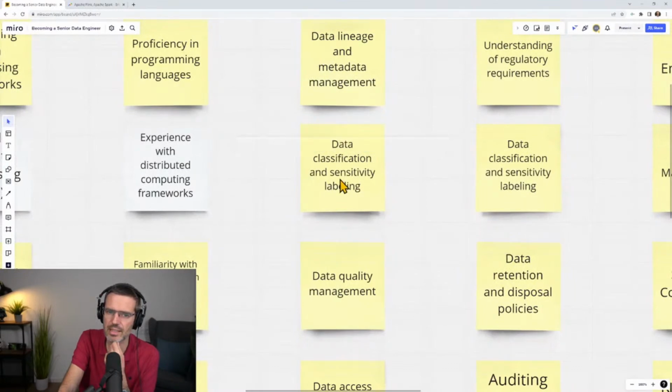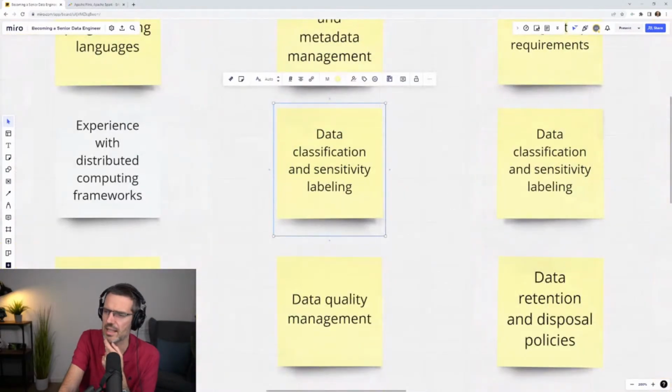Then we have data classification and sensitivity labeling. Senior data engineers should be proficient in designing and implementing data classification and sensitivity labeling solutions to ensure that data is properly classified and protected based on its sensitivity and criticality. So that's already going into the privacy topic, right?